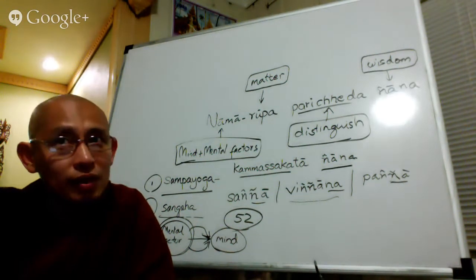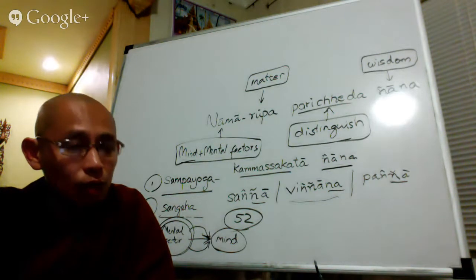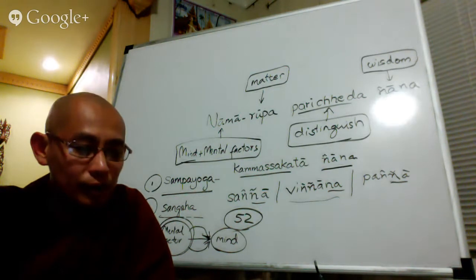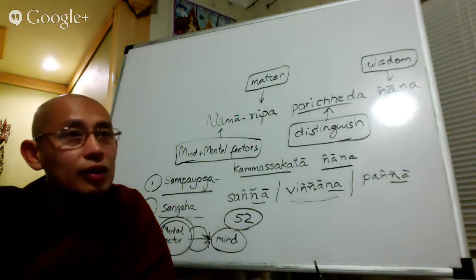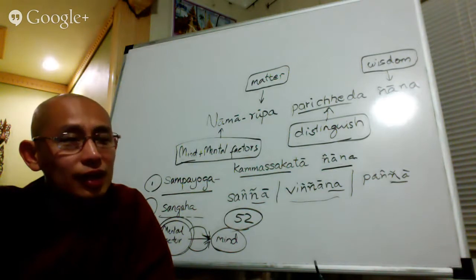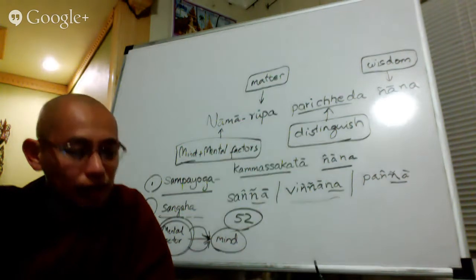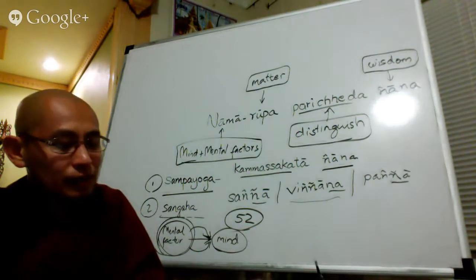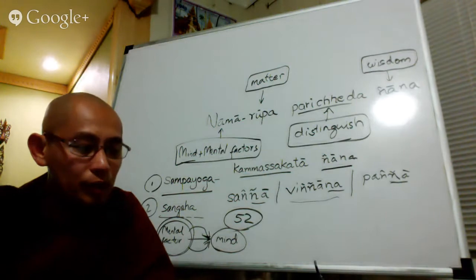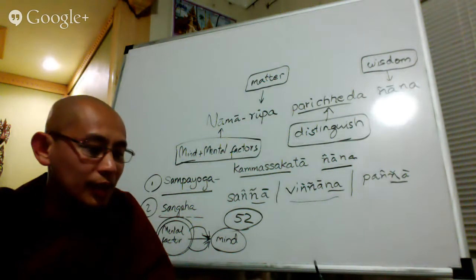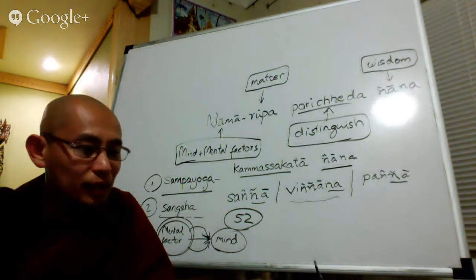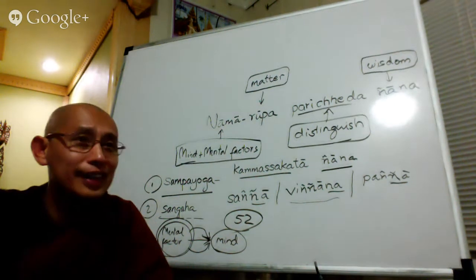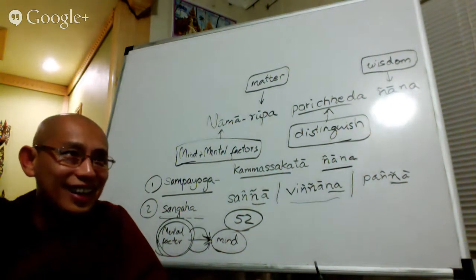Next one, supramundane, Lokuttara citta. The second jhana level is 8 altogether, like the first jhana. So altogether 8. So this one is also a little bit easier than Vitakka.